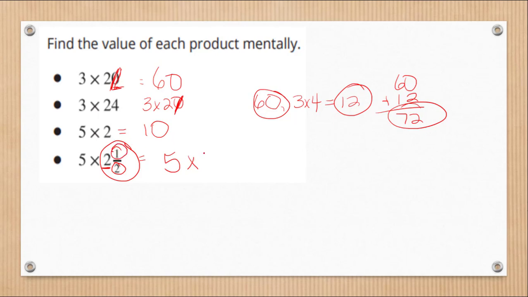So 4 plus 1 is 5, and we're going to leave your denominator the same. 5 times 5 halves. Whole times numerator. 5 times 5 is 25. So 5 times the 5 halves is 25 halves.